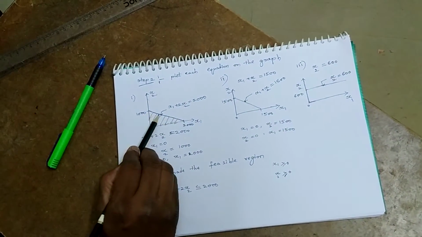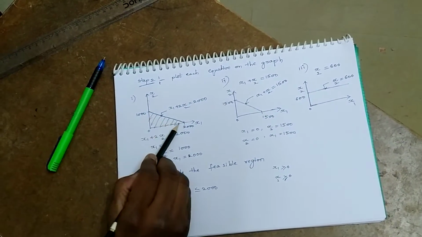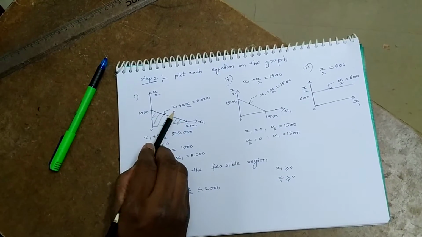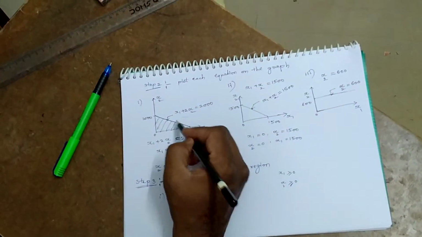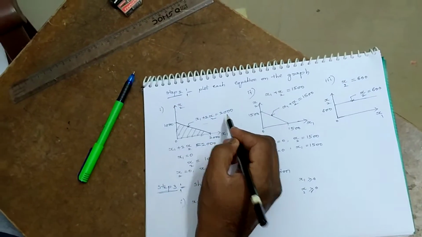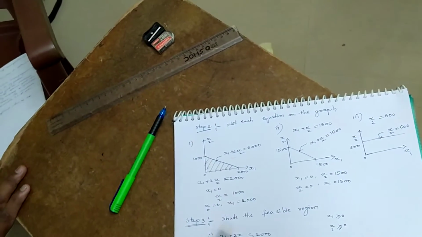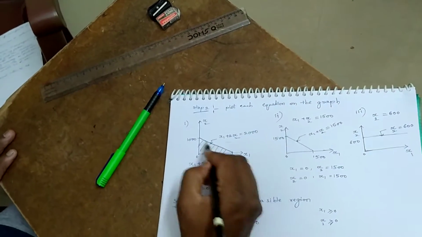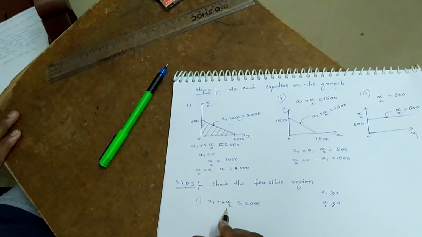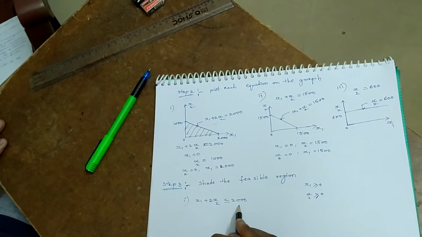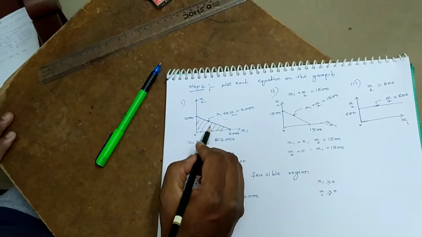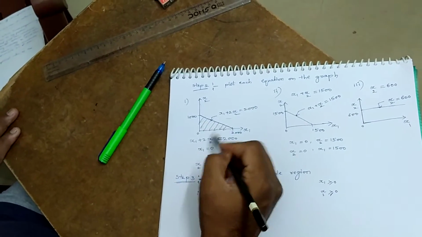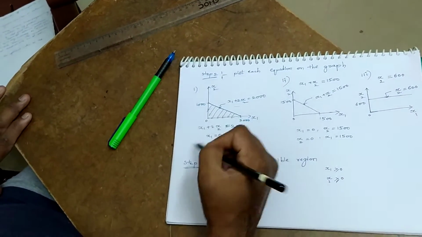Over this particular line, whatever values of x1 and x2 you obtain will satisfy this equation. But if x1 plus 2x2 is less than or equal to 2000, the region will be below this line.